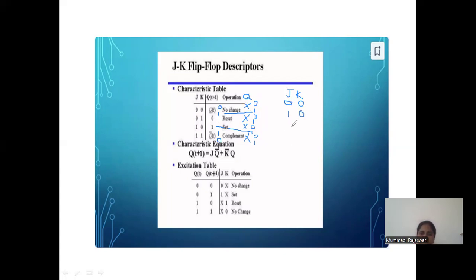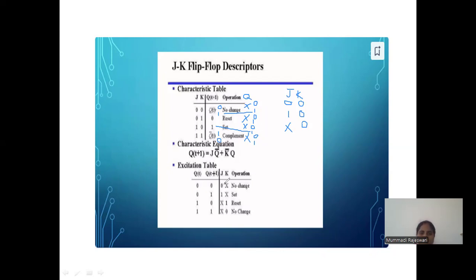That condition is J is equal to X, we are getting different values, means that mandatory input is X and K is equal to 0. This is the last condition of your excitation table. Okay. In this way we can find out the excitation table from the truth table of your JK flip-flop.